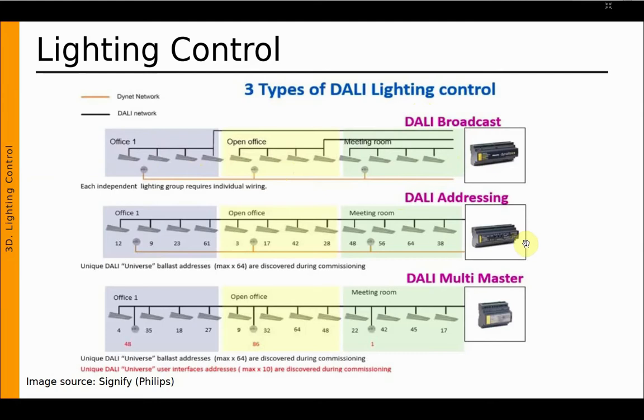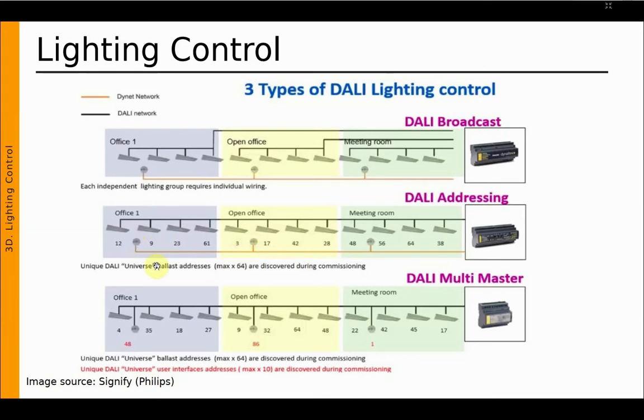And then the DALI addressing, we can see this. Each lamp has its address, like 12, 9, 23, 61, and so on. This lamp also interfaces with a PIR sensor or infrared sensor.